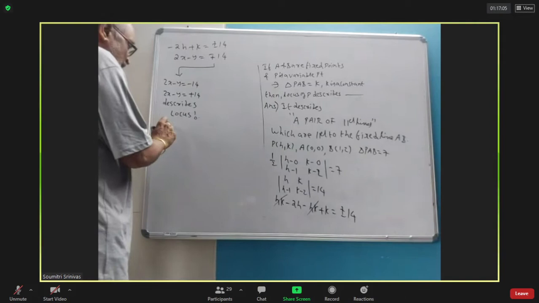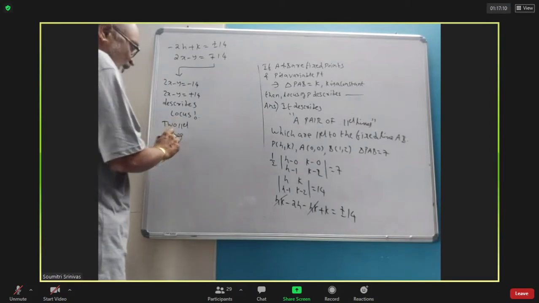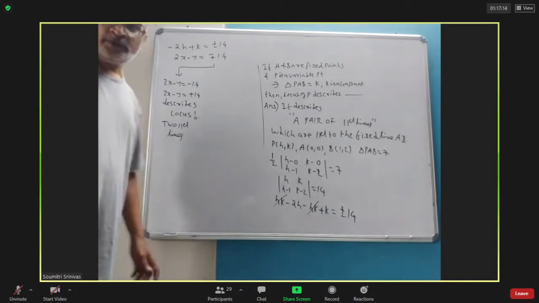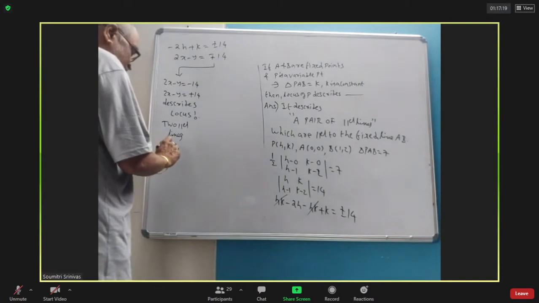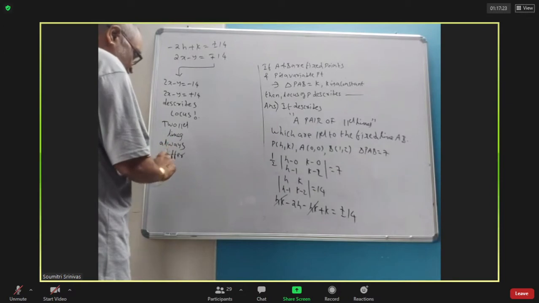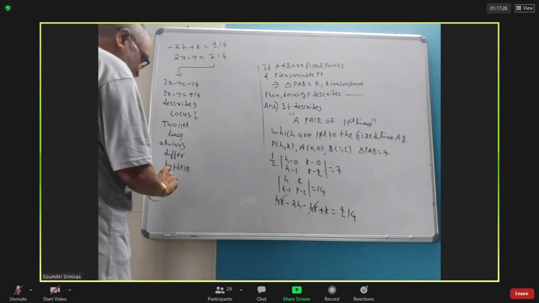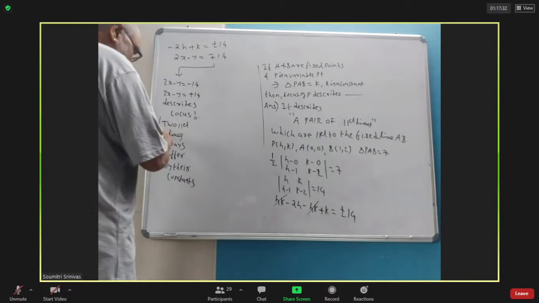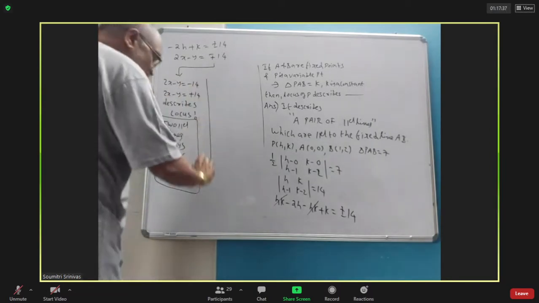Two parallel lines always differ by what? Their constants. Didn't I tell you this? In system of equations, you can clearly see these two lines are parallel.